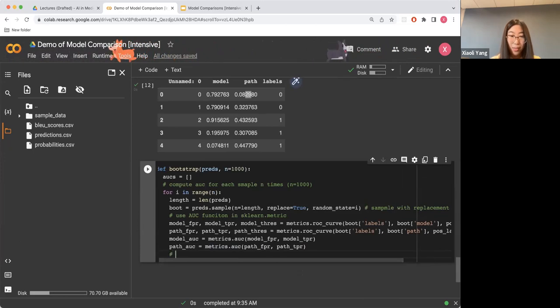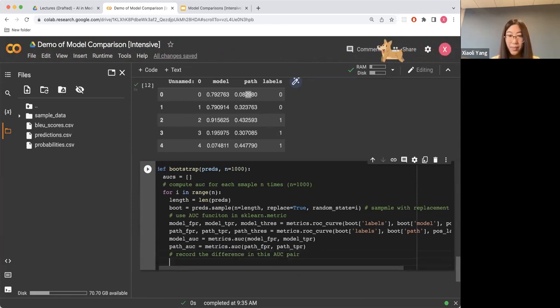And notice that since our data is paired, we do want to compute the difference between them in pairs. We do not want to destroy this pairing relationship, in order to eliminate correlation between them. So we want to record the difference in this AUC pair and test whether the difference is big enough to be larger or smaller than 0.